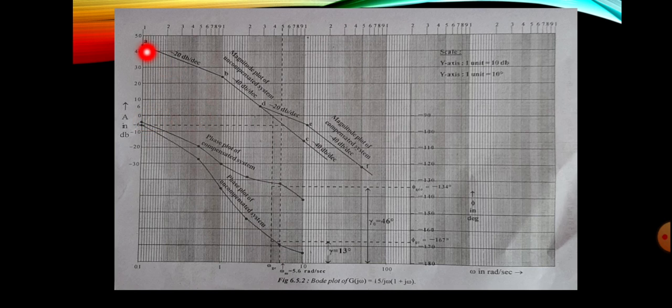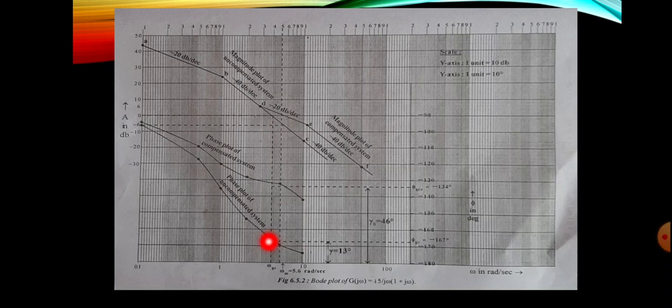That means you have to note the meeting point of this magnitude curve with the zero axis. At this point its gain is 0. The corresponding frequency, you can go downside, is the gain crossover frequency, that is omega gc. That is notated here. So this is the omega gc, corresponding to zero gain.